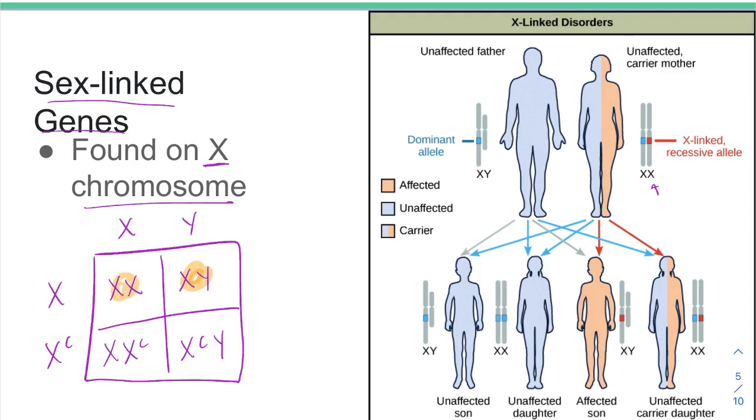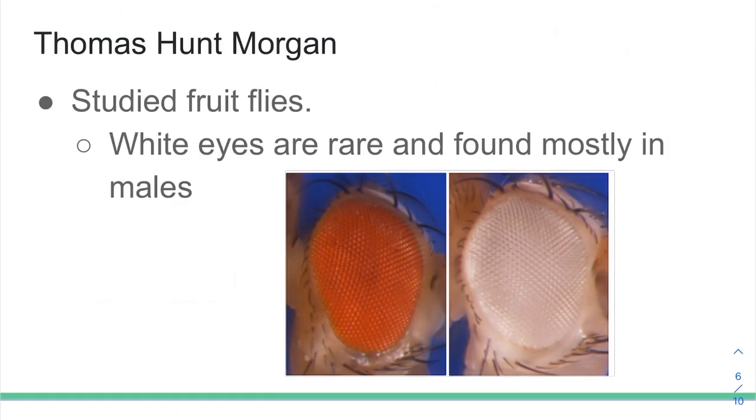We could make an affected son, who is going to show the recessive trait. And we also have a daughter who is a carrier, but because she has that unaffected X chromosome, she's not going to display that trait because we said that it is recessive.